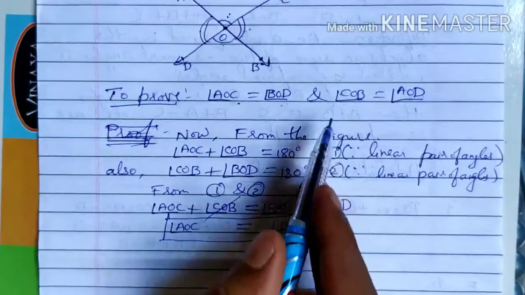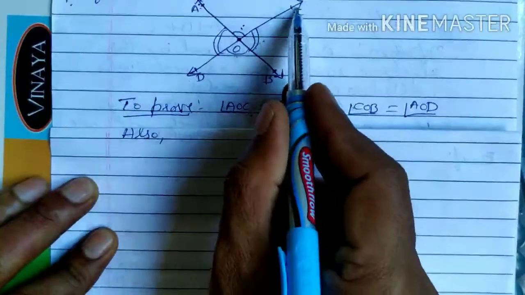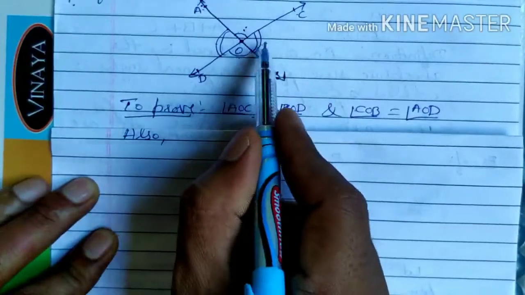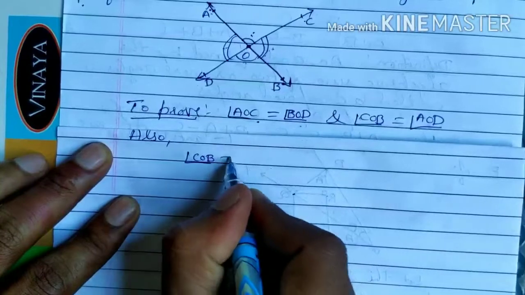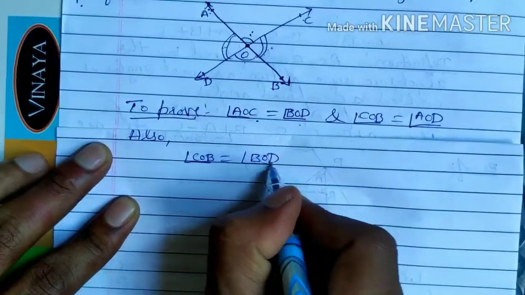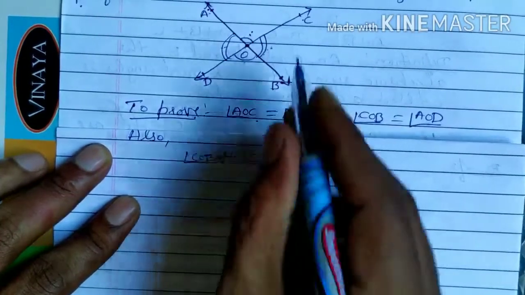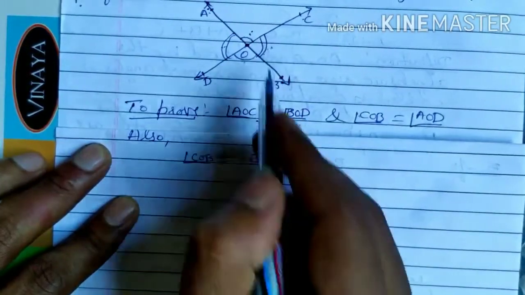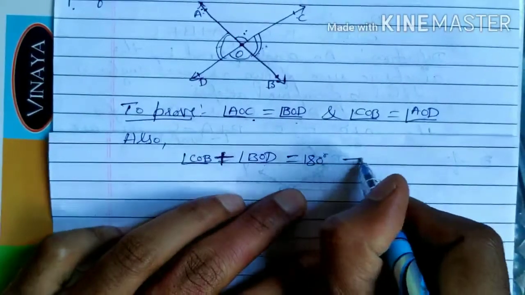In the same way for the second result, to prove the second result, I will consider CD, a straight line, first. We have to prove these two angles equal, angle COB is equal to angle AOD. So angle COB plus angle BOD is equal to 180 degrees, equation 3.